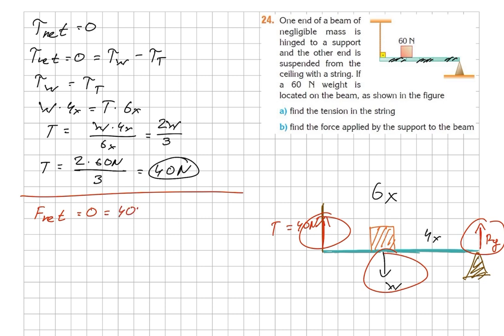So 40 newtons of tension, plus Ry, minus the weight. The weight is 60 newtons. So Ry is going to be equal to 20 newtons, and it is upwards.